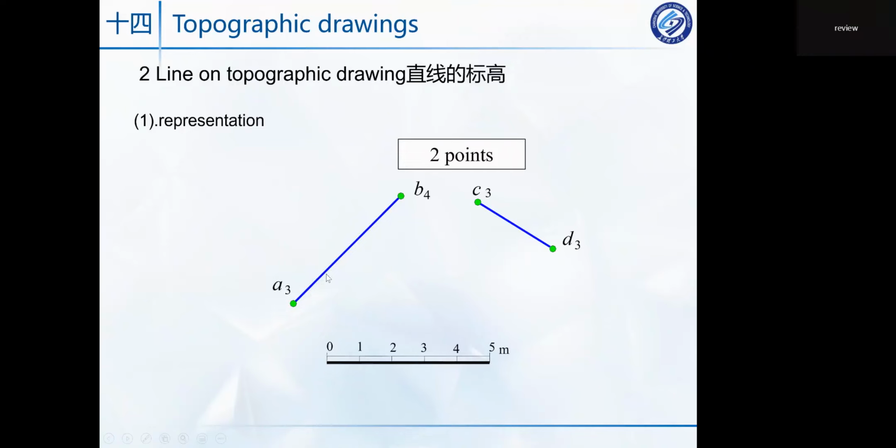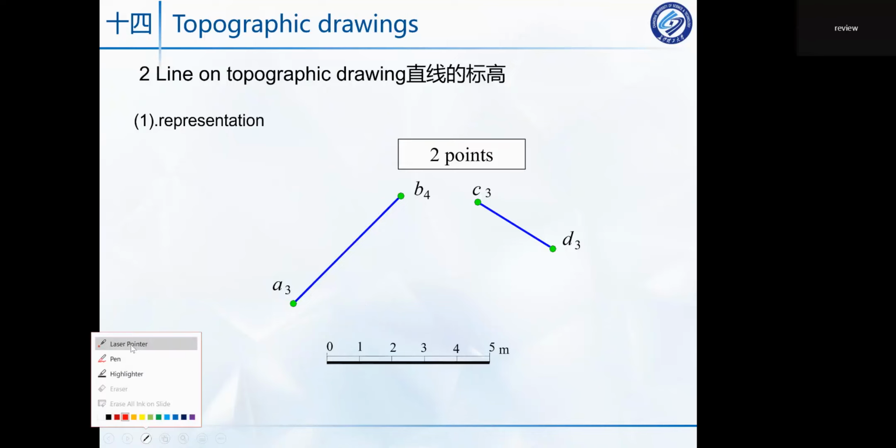The line AB is not parallel to the ground. So it is an oblique line in space. And so you can see the difference between A and B.